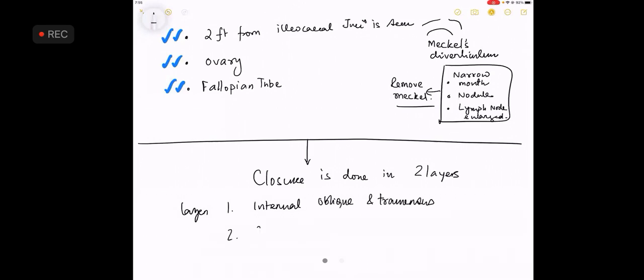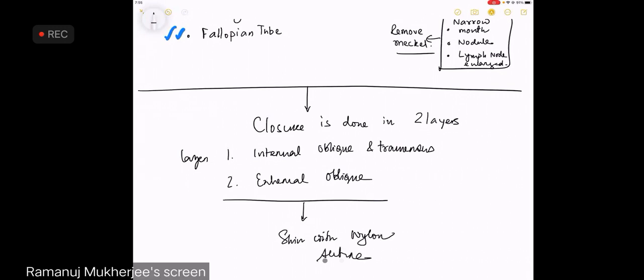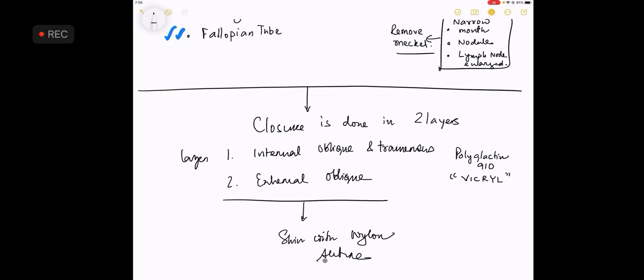Layer 2, external oblique, and then we do the skin with nylon suture. The closure that has been recommended in this part is done by polyglactin 910, commonly called a Vicryl suture.